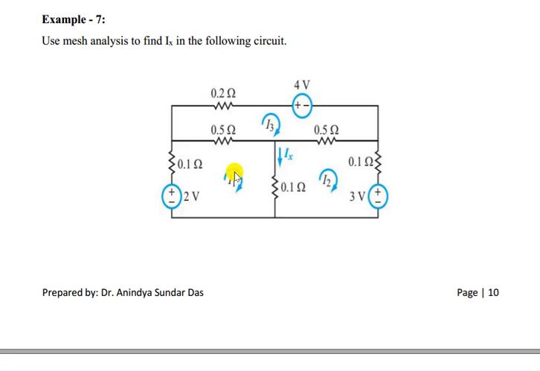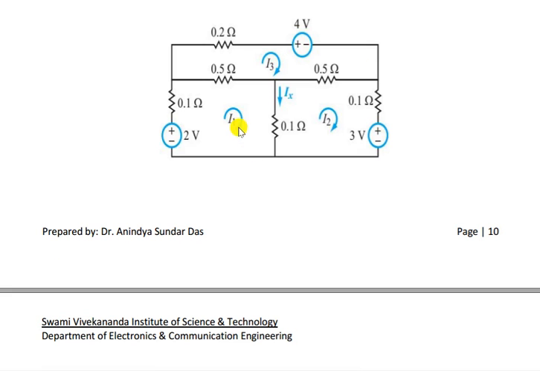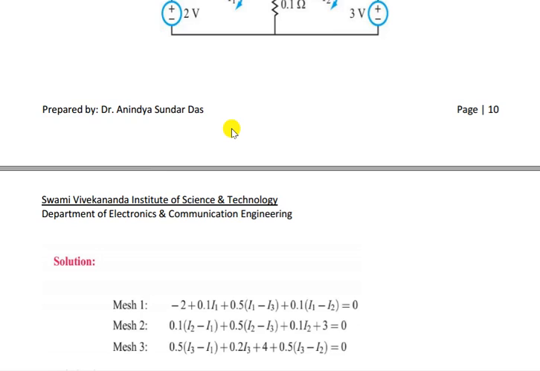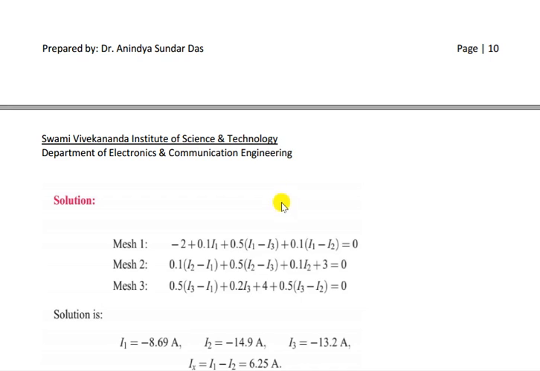Similarly, another problem, the third problem. We have three meshes, three mesh currents I1, I2 and I3, and we can write the mesh equation. Now in this case, what happened? This is going upward with first encounter minus, so minus 2, then 0.1 I1, then 0.5 into (I1 minus I3), then plus 0.1 into (I1 minus I2).